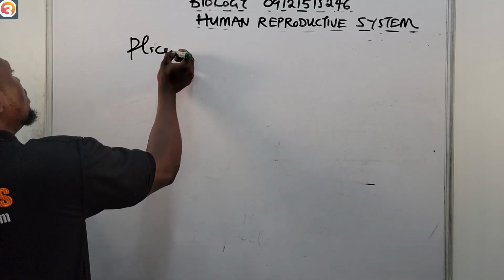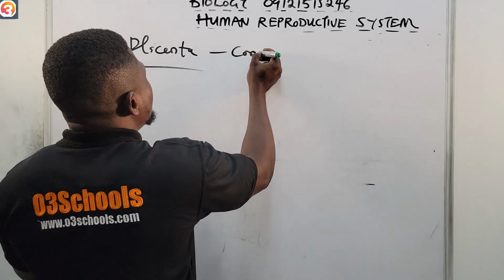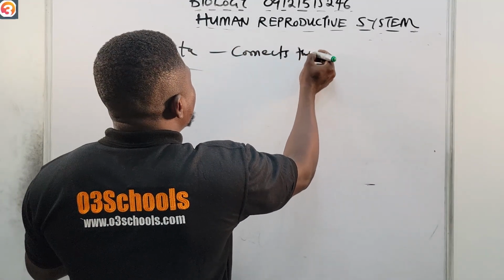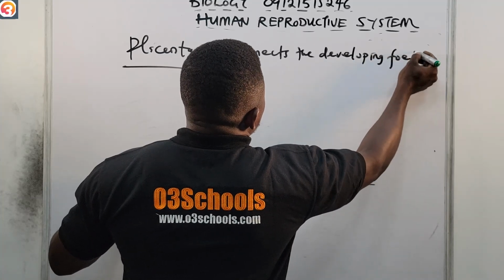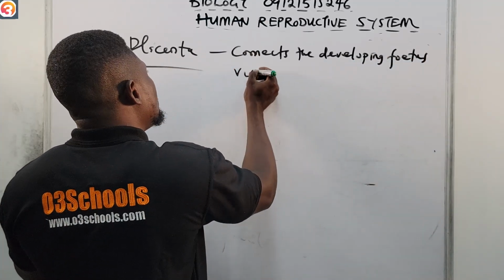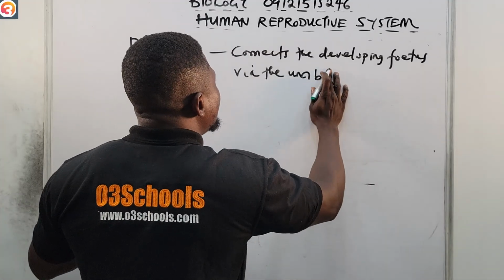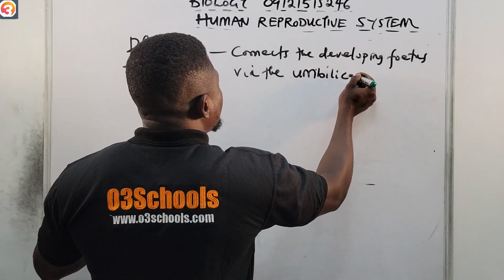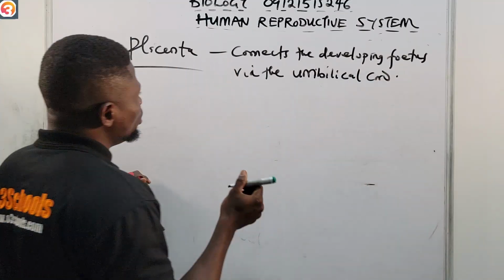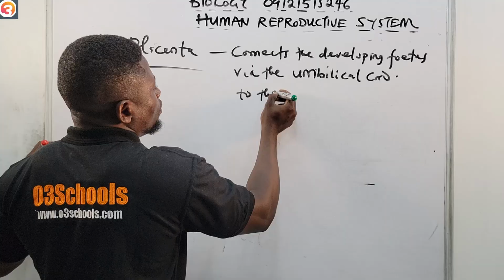The placenta is an organ that connects the developing fetus via the umbilical cord to the uterine wall.